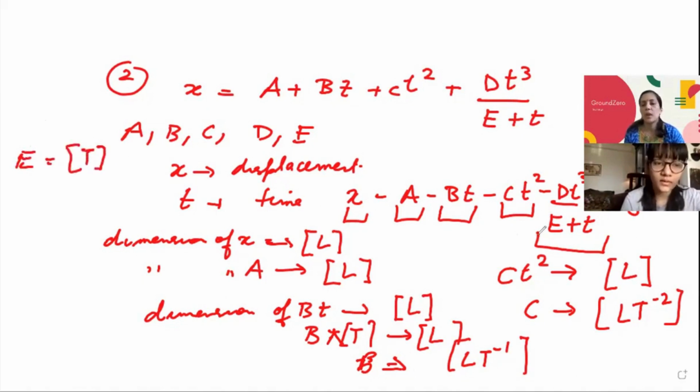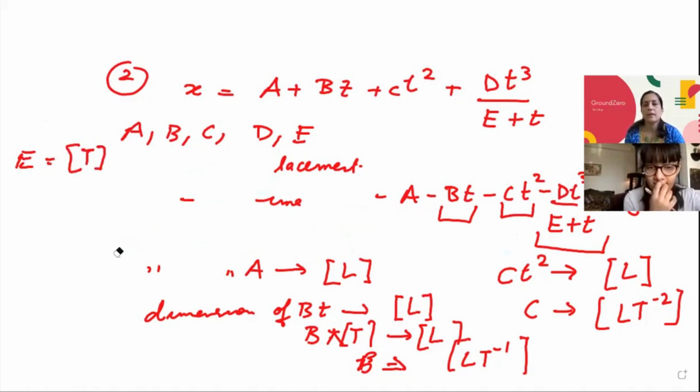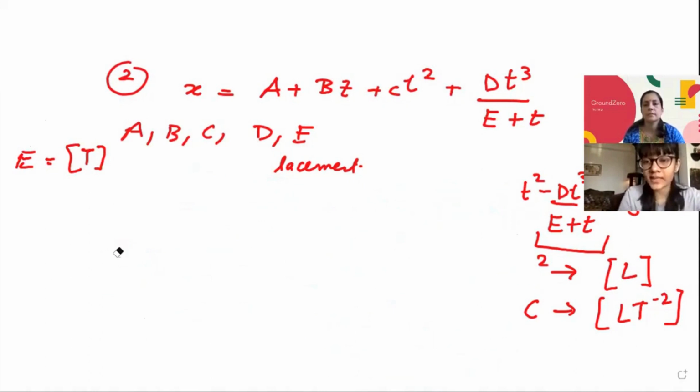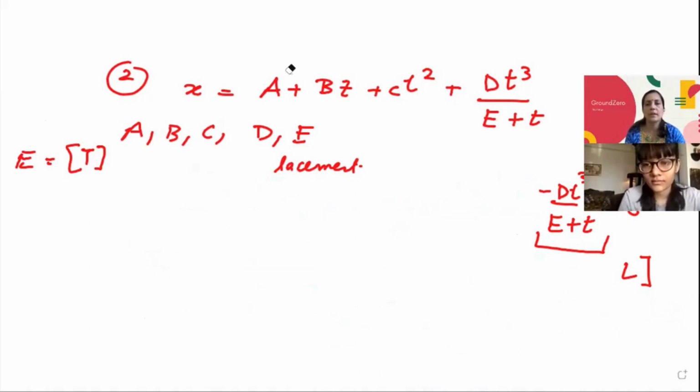Okay. So now what about D? How will you find D? The T term will be 3 minus 1, so DT square it will be. So what are you getting finally? L T to the power minus 2.